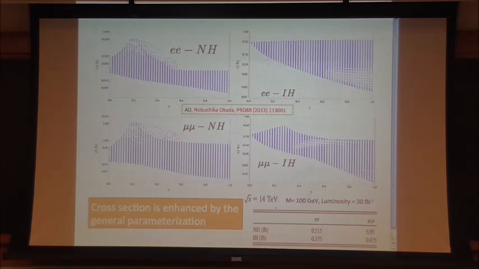The CP angle you can measure from the oscillation, the Majorana angle you cannot. Is there any other place you can measure the angles? That's right. I put those plots in my paper. It looks like for those cross sections you still have some hope.